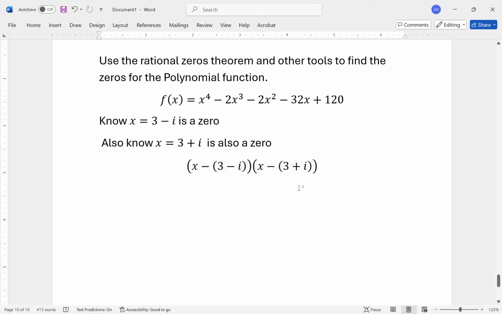And when I multiply these two out, I would get x squared minus (3 plus i) times x minus (3 minus i) times x, and then plus (3 minus i) times (3 plus i).